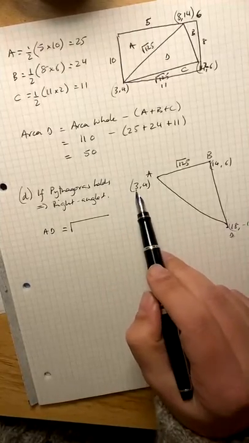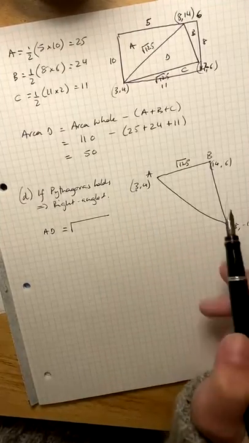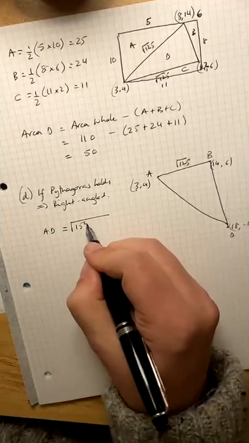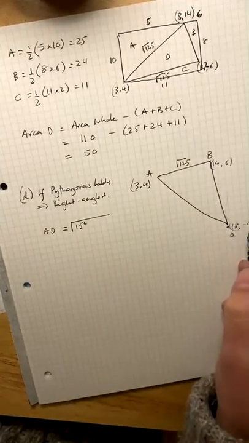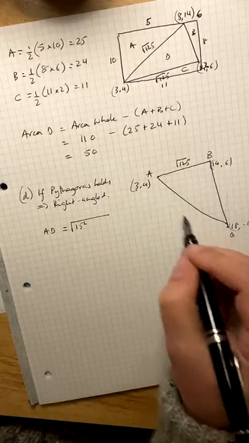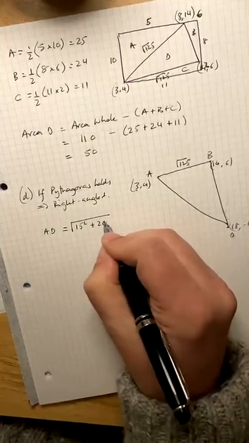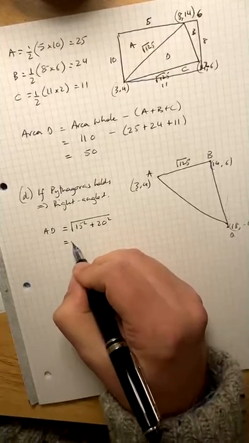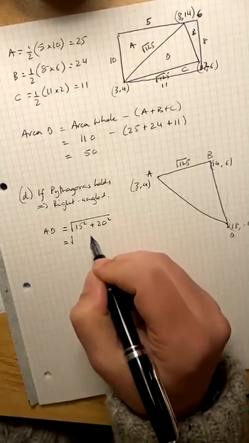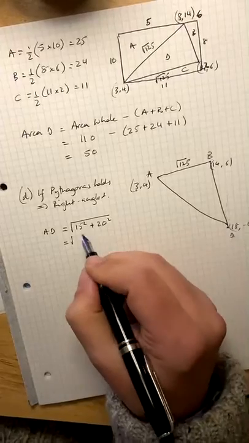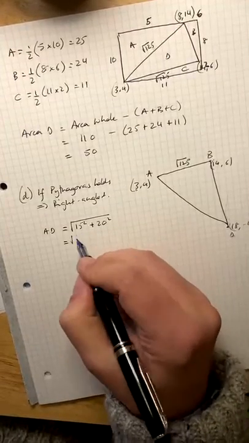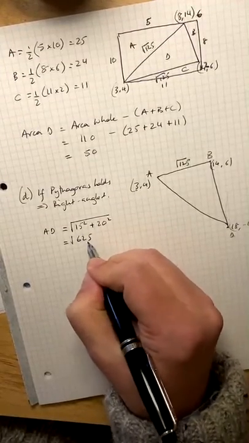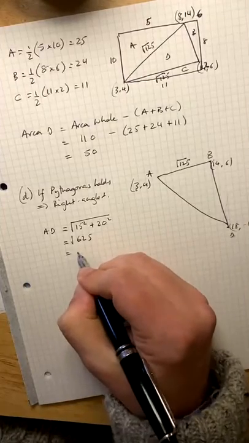AD, we've got these differences: across is 3 to 18, 15 squared, and the distance down is 4 to minus 16, 20 squared, which is the square root of 225 plus 400, root 625, which is 25.